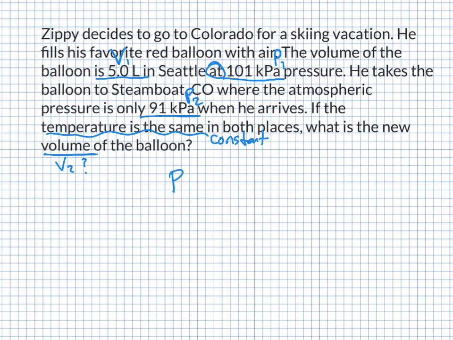So what happened to my pressure? Well, my pressure started at 101 and it went down to 91. So my pressure decreased. So if my pressure decreased, well, these are inverse, so my volume should increase. It is helpful to go through that thought process so that you know what answer you should anticipate. So I can go ahead and set this up.